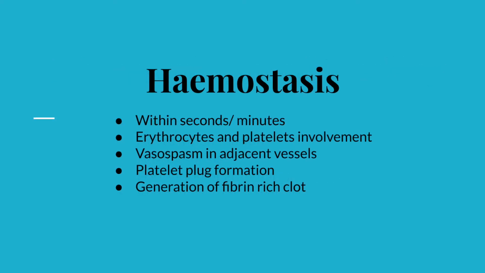Within seconds or minutes after wounding has occurred, with the involvement of red blood cells and platelets, there are three main phenomena that happen during the phase of hemostasis. They are mainly vasospasm, platelet plug formation, and the generation of a fibrin-rich clot.